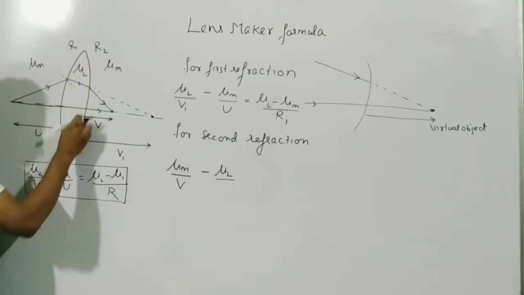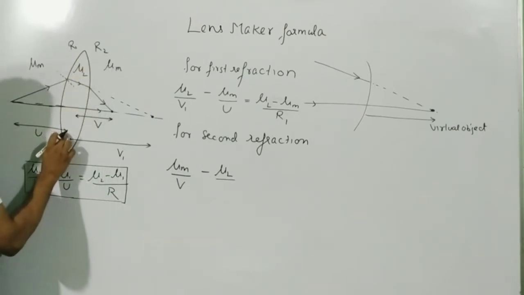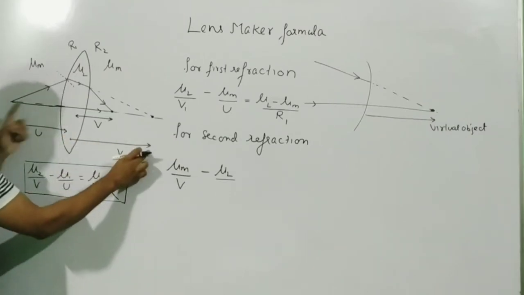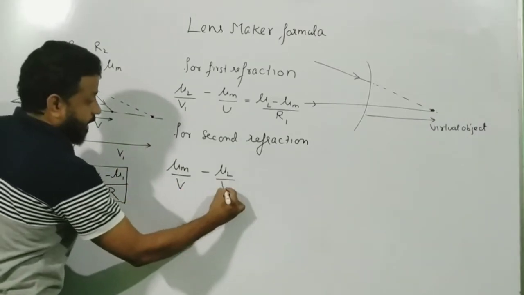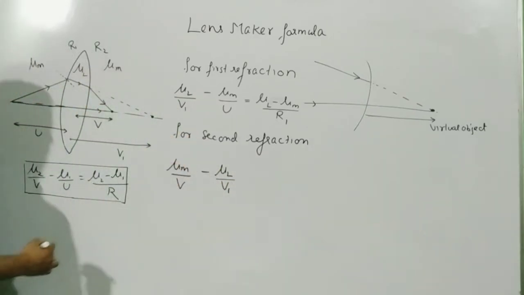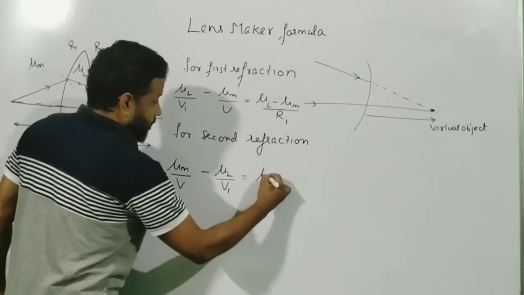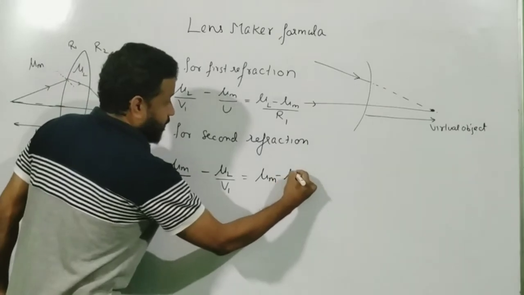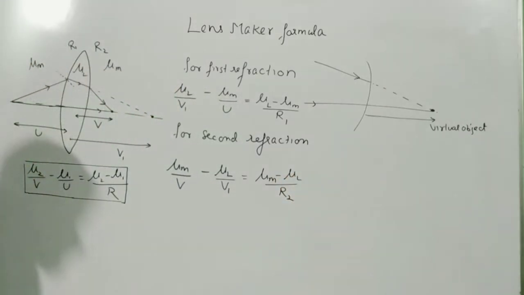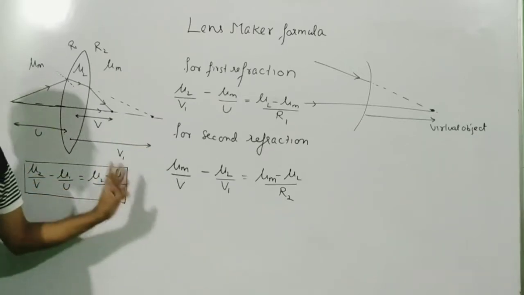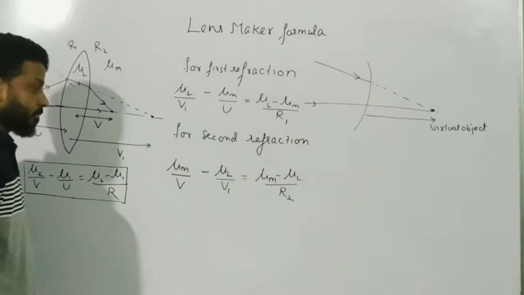Now for the second refraction, as I have told you, the image of the first refraction is the object for the second refraction. So I will write here V1, and that is equal to mu m minus mu l divided by R2. Remember, we are not using sign convention. We are just writing it in the form of its magnitude.